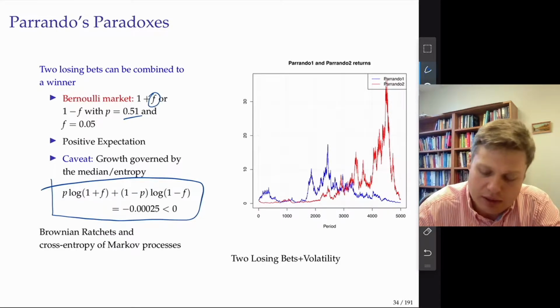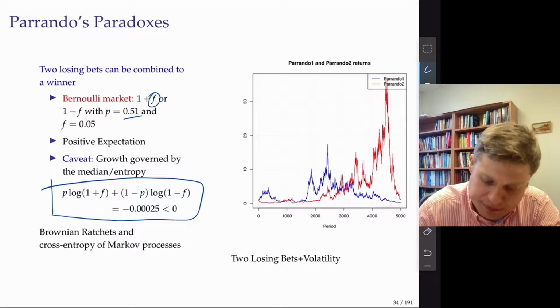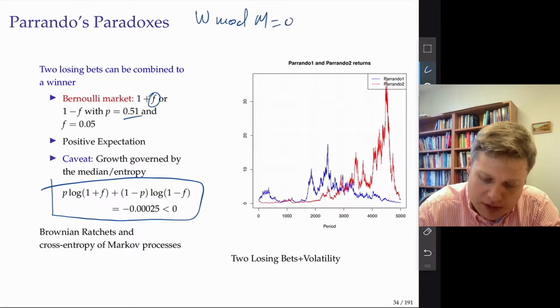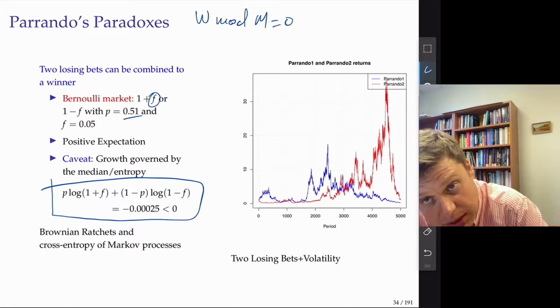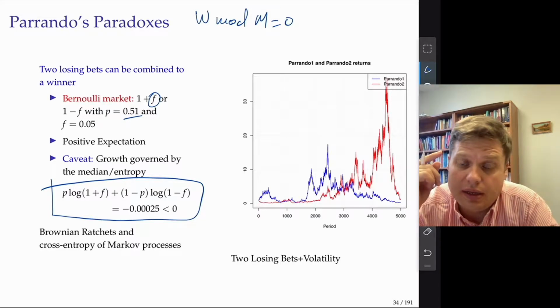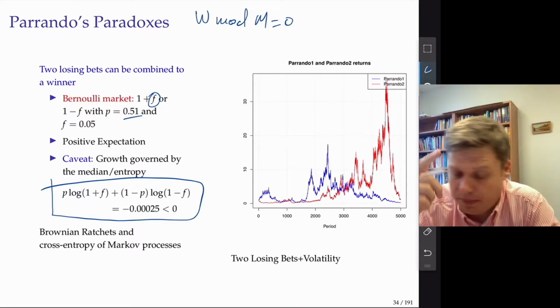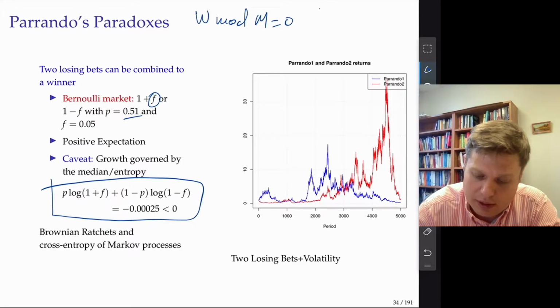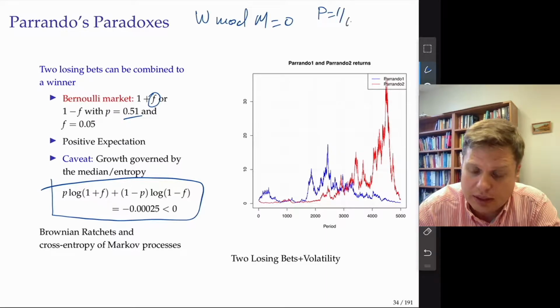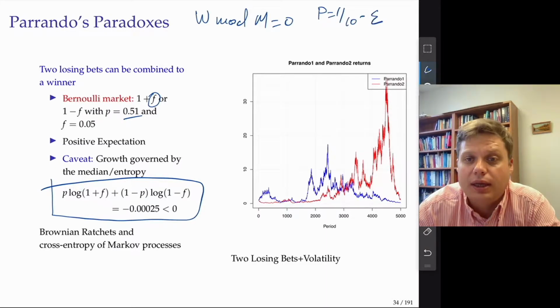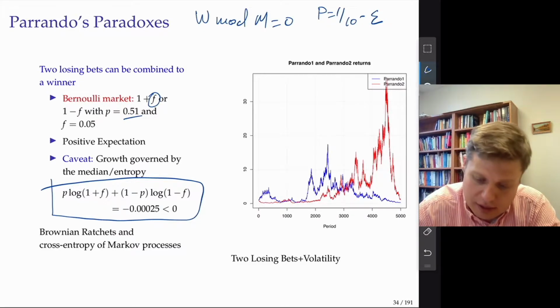When your capital is a multiple of some number m, so when your wealth mod m equals 0, then you play a Bernoulli game with probability of winning 1/10 minus epsilon.